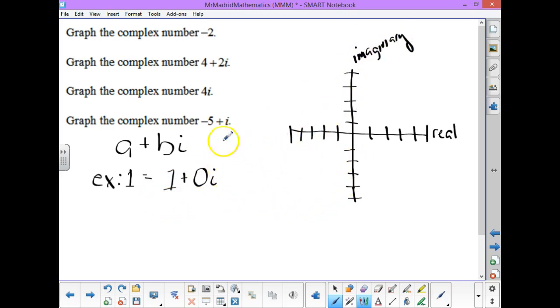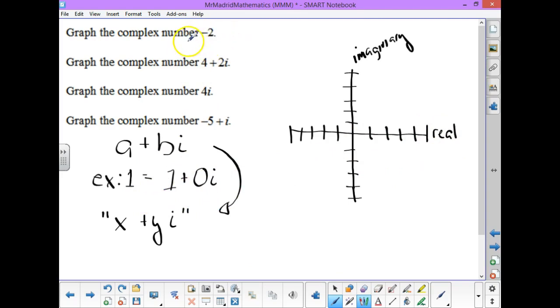This is going to make graphing these complex numbers a lot easier. The other tip is to consider these complex numbers in the form x plus yi, so that graphing becomes that much easier.